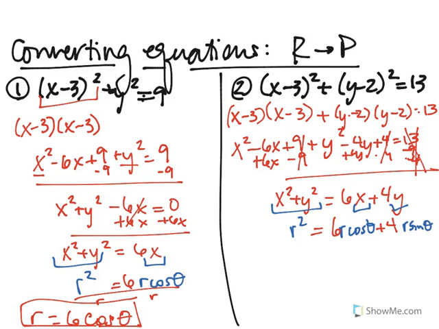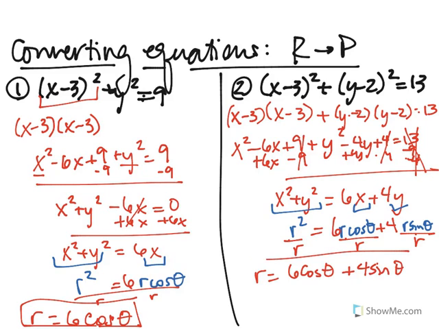I only replace x, I only replace y, I only replace x squared plus y squared with the other pieces. And just like we did before, I have r squared, I've got an r, I've got an r. So you can divide by r from all three pieces. That just kind of helped me get to where I want to be. So r equals 6 cos theta plus 4 sine theta.